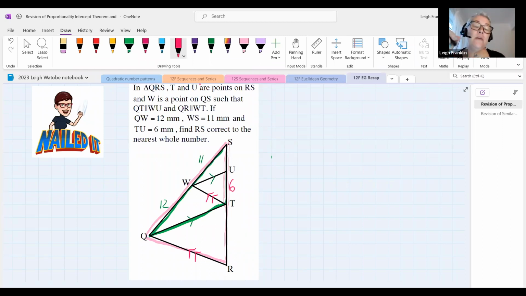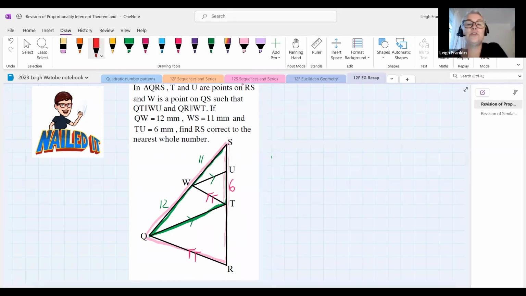This is the way we need to think about it. RS is made up of three pieces: SU plus UT plus TR. We've already got UT. So now we need to figure out how we are going to get SU and how we are going to get TR. I'm going to start with SU. How do I get SU?